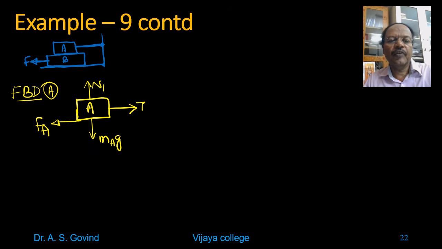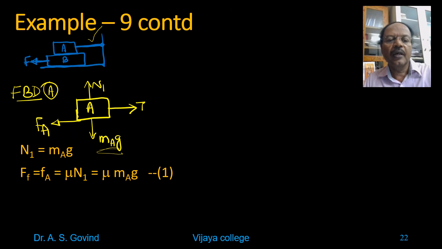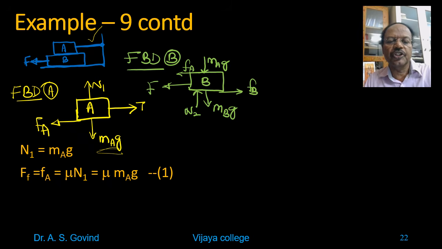Now, writing the free body diagram for A. Normal reaction from B, weight mg acting downwards, T in this string, and Fa is the frictional force between A and B. Notice that the force we apply is not on A. So this normal reaction is m_A g, vertical balance, and frictional force is normal reaction into coefficient of friction, mu m_A g.